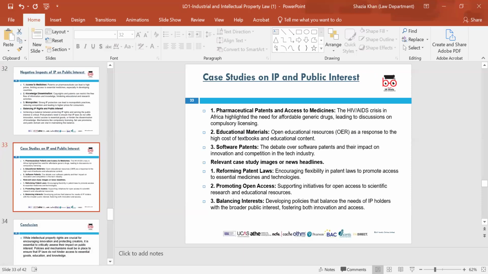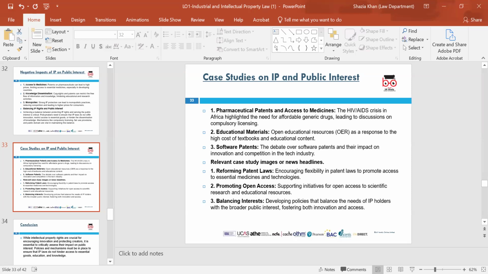Case studies on intellectual property and public interest. So these are some examples. Number one, pharmaceutical patents and access to medicines: the HIV/AIDS crisis in Africa highlighted the need for affordable generic drugs, leading to discussions on compulsory licensing.